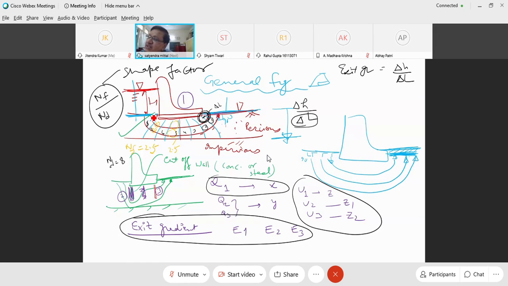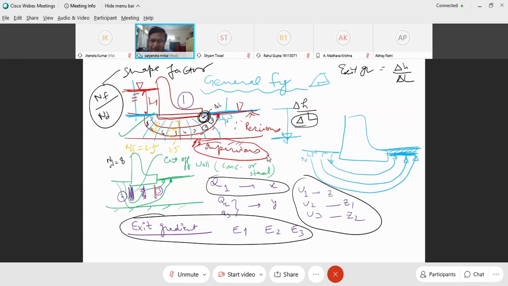This head is causing the flow of this water. And because the water cannot go beyond this, since it is all rock, an impervious layer, the water ultimately will travel like this, and due to capillary action will reach here. When the water reaches here, it still has some potential.